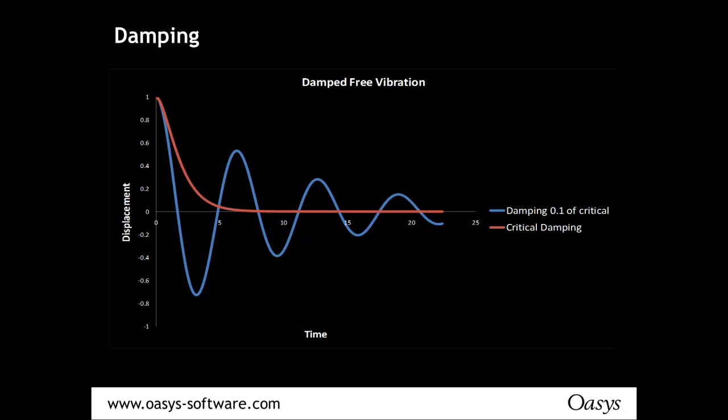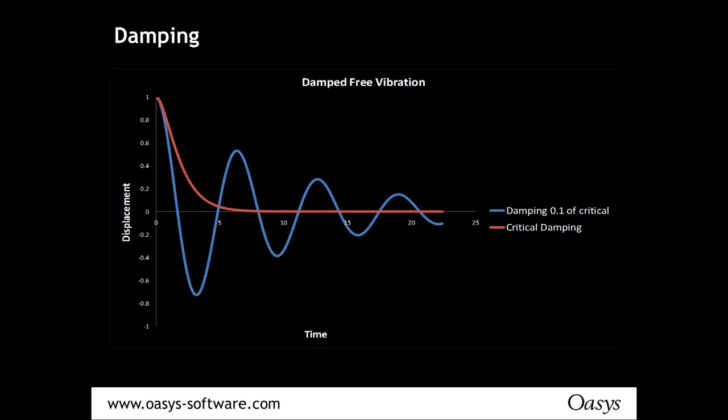You can see if we've got a reduced amount of damping there, which is 10% of the critical, it dies off. Most building structures have damping values of between 1 and 5%, as a general rule, depending on construction and finishes and so on.